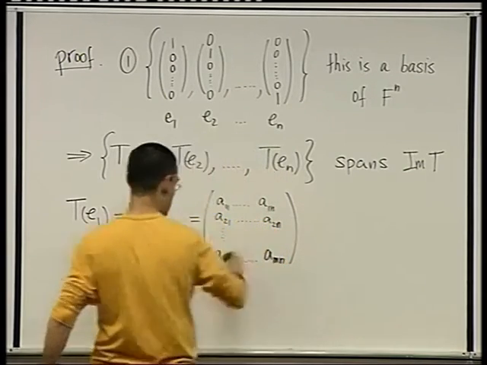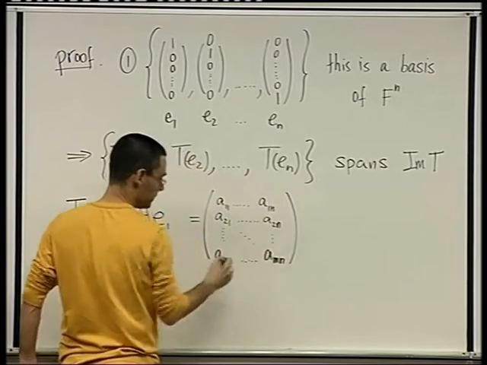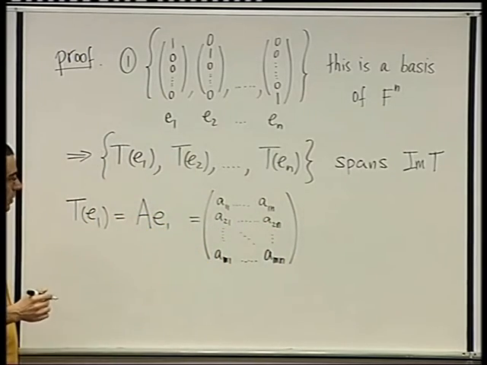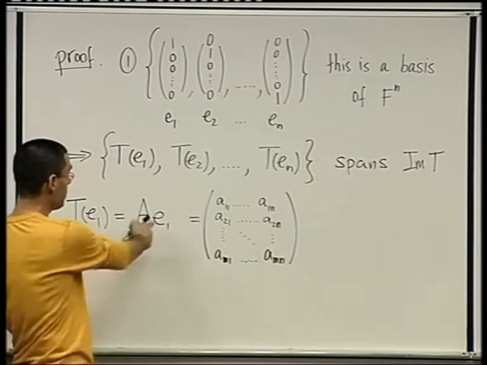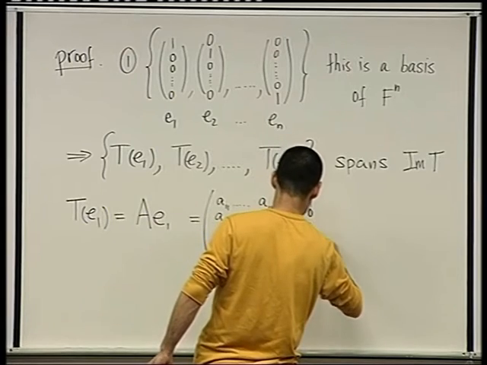It's an M by N matrix. This is A. I just wrote what A is explicitly, gave all the entries names, multiplied by E1. E1 is this: 1, 0, dot, dot, dot, 0.